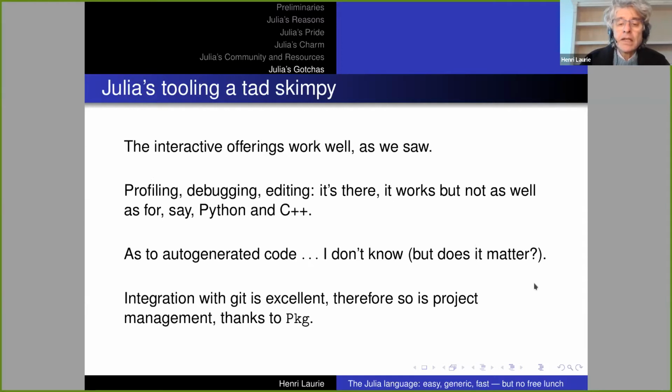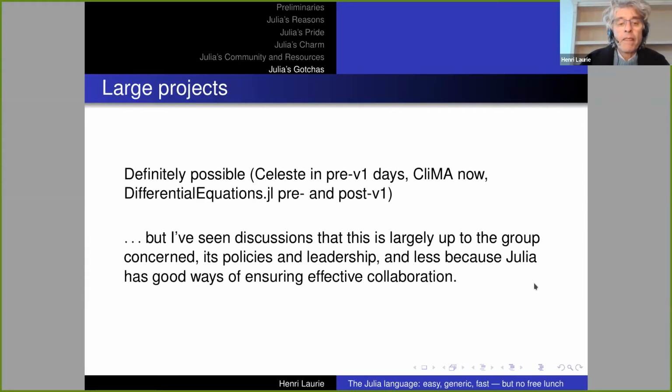The tooling in Julia is better than it used to be a few years ago. The integration with Git is excellent, so you get good project management. There is profiling, debugging, and editing, perhaps not as good as it may be for the well-established languages, and the interactive offerings are also not particularly numerous, but they work pretty well.